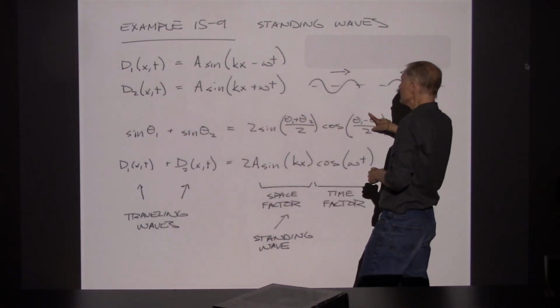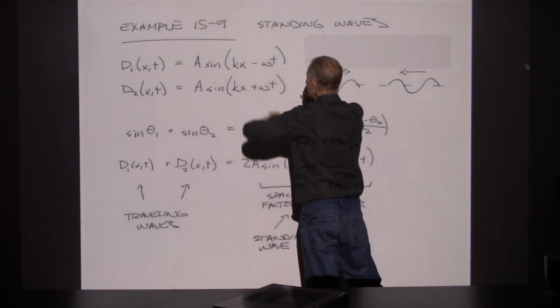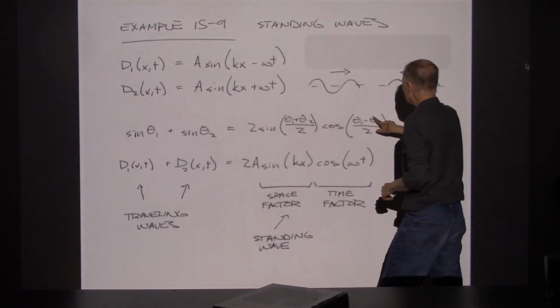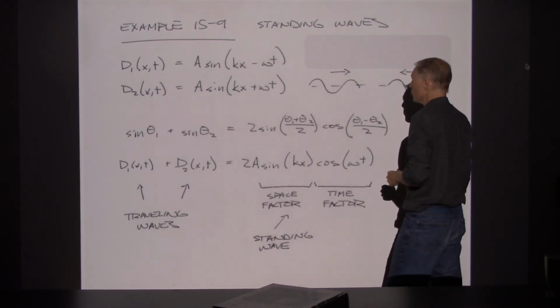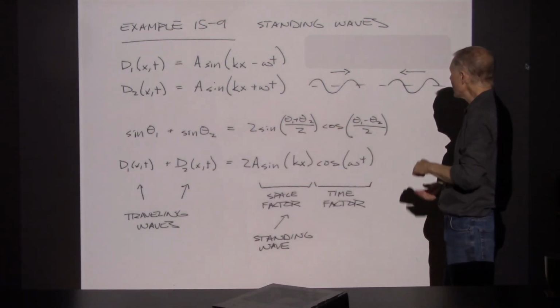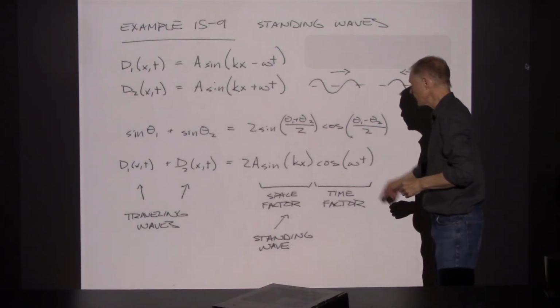When I take the difference, the kx's cancel out, and I get minus 2 omega t divided by 2, which leaves me with minus omega t. The cosine is an even function, so cosine of minus omega t is the same thing as cosine of omega t.